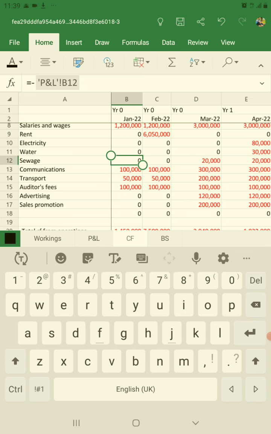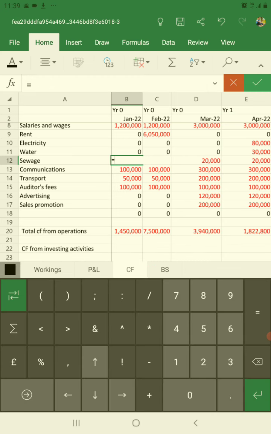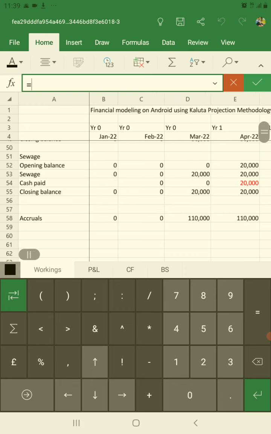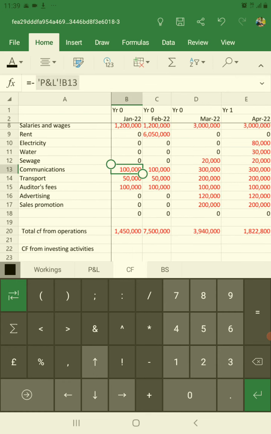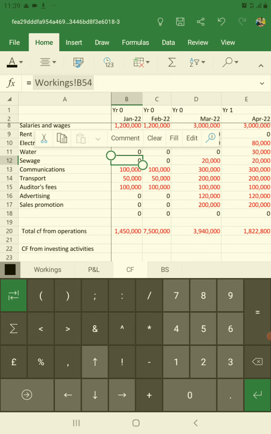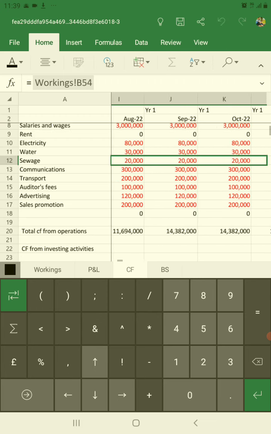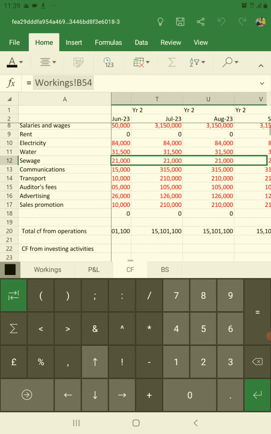Instead of picking from a profit and loss sheet as earlier, I put an equal sign here and then go to workings and pick cash paid here starting from January, cash paid here on sewage area, enter, and then drag this formula to the end.